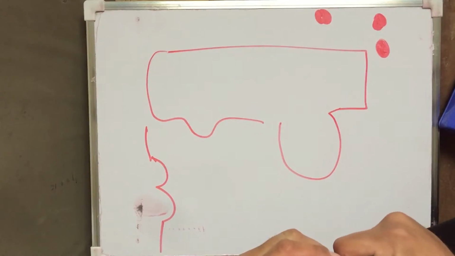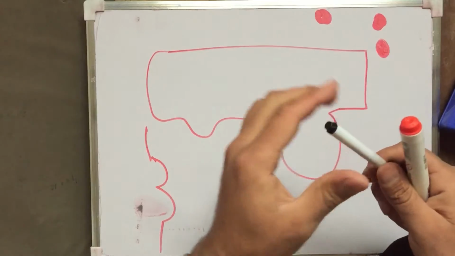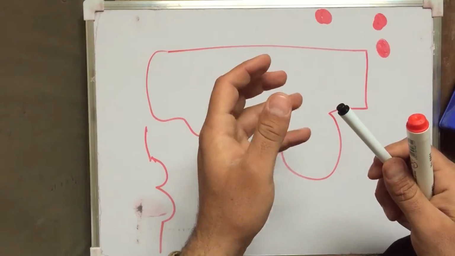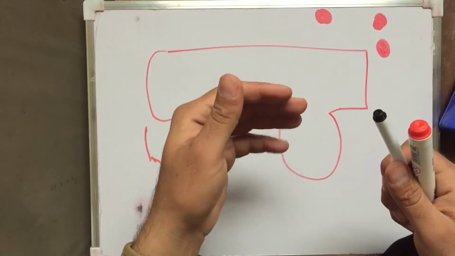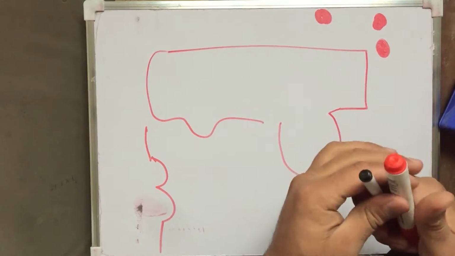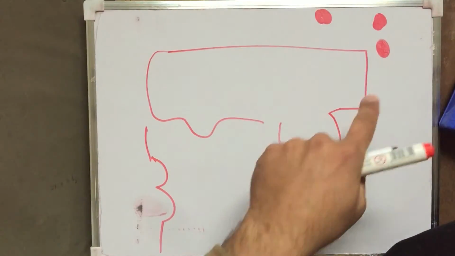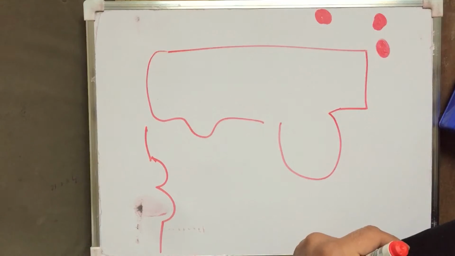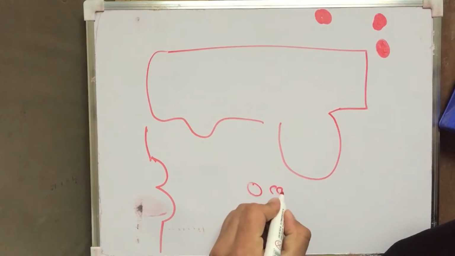Whenever there is a decrease of blood volume, decreased blood pressure, or nausea and vomiting in which blood volume decreases, information goes to this place and then activates the posterior pituitary. So this is the carotid sinus.